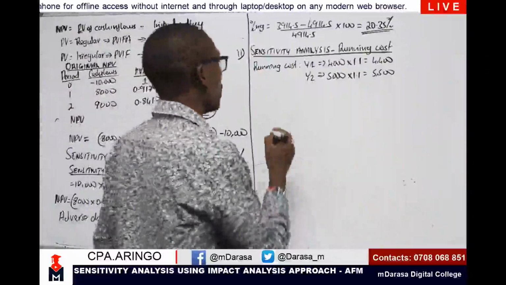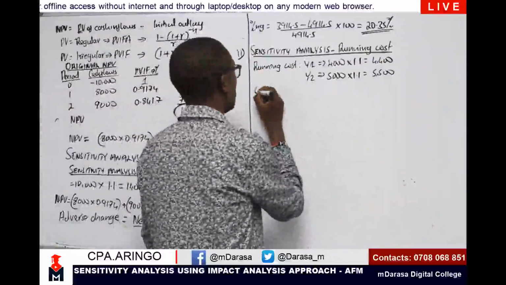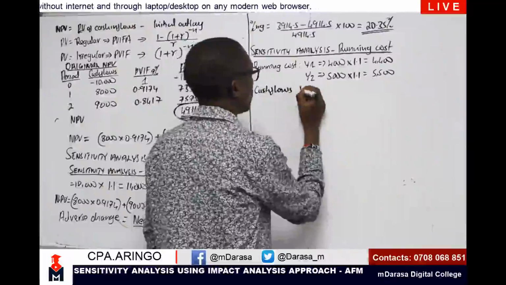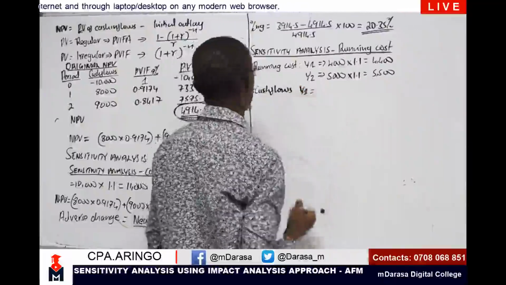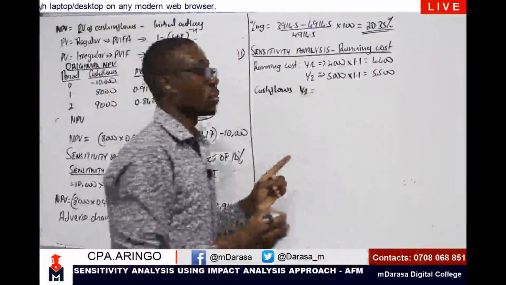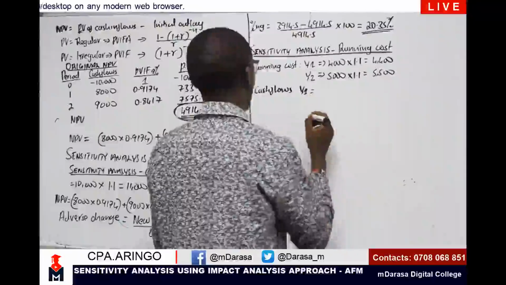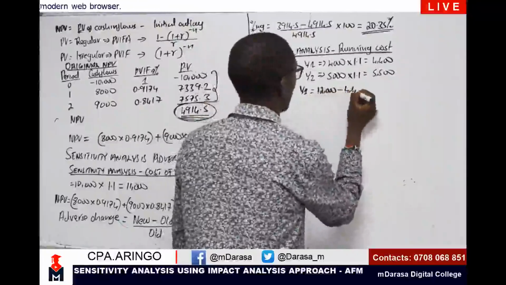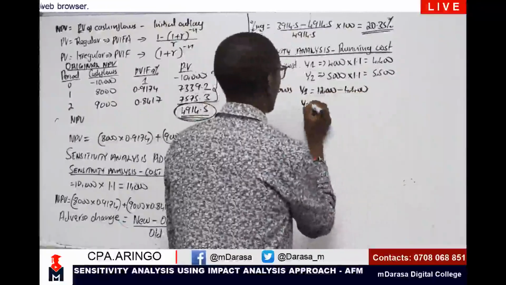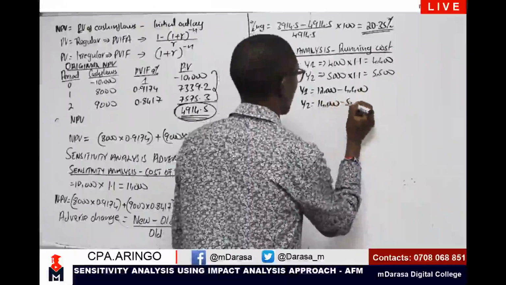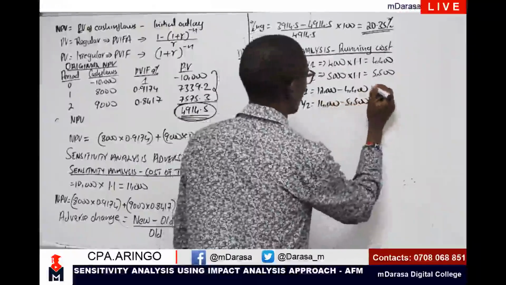So what will be our new cash flows? Our new cash flows, therefore, remember all these other factors will remain constant. So the savings for year one, we had 12,000 minus 4,400. The savings for year two, we had 14,000 minus 5,500.